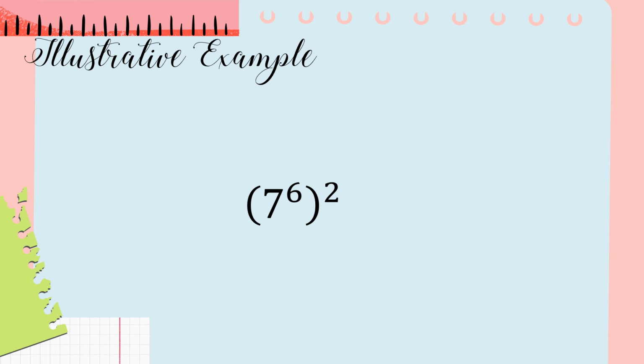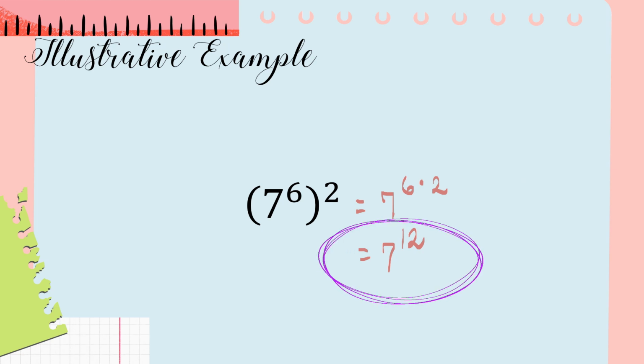So we have the base 7 raised to 6 and then raised to 2. So multiply the exponent inside and the exponent outside. So we get 7 raised to 6 times 2. 6 times 2 is 12. So 7 raised to 6 raised to 2 is equal to 7 raised to 12.